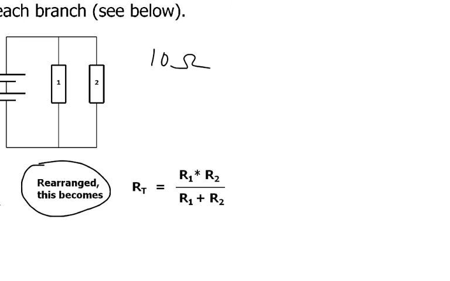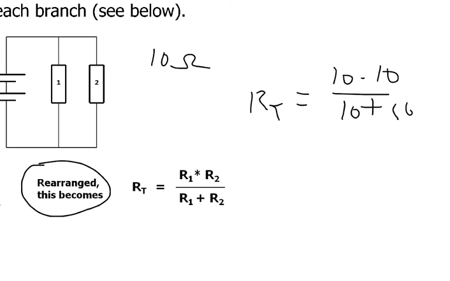Then RT would just be 10 times 10 divided by 10 plus 10. So that's going to be 100 divided by 20, which is 5 ohms.